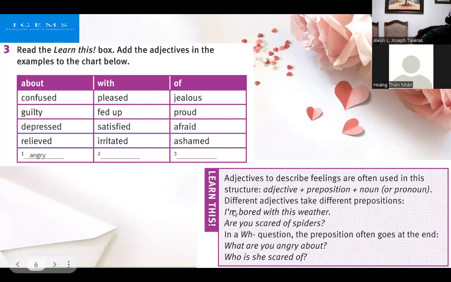For example, I am bored with this weather. Or, are you scared of spiders? Also, when we use them with WH questions, the preposition often goes at the end.